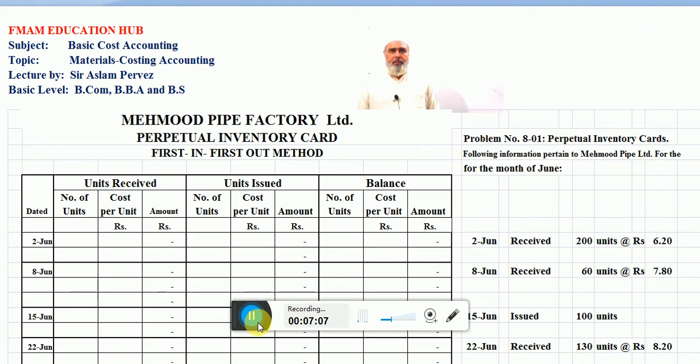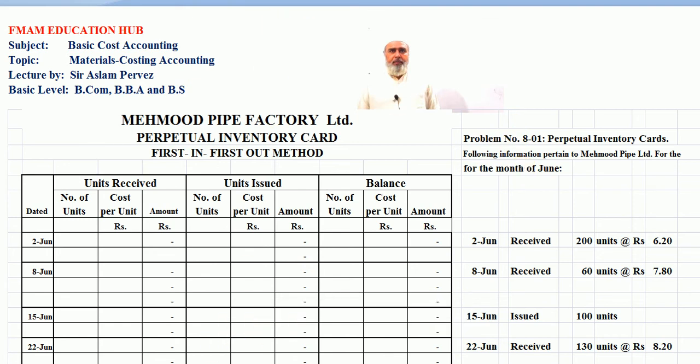Students, let's start the problem to read carefully and post given transactions stepwise in this perpetual inventory card. Students, following information pertains to Mahmood Pipe Limited for the month of June.